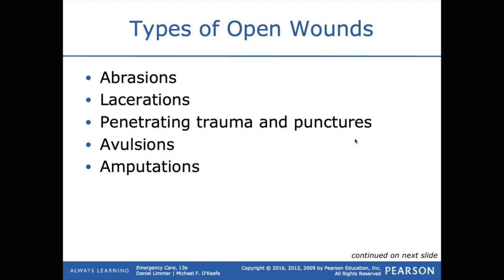So what I do with punctures or penetrations is I look at what caused it. How long was the object? If it's a knife, how long was the knife blade? And I give it an extra inch or two, based on force of it going in a little bit deeper and then rebounding back with the muscle, fat, and skin.